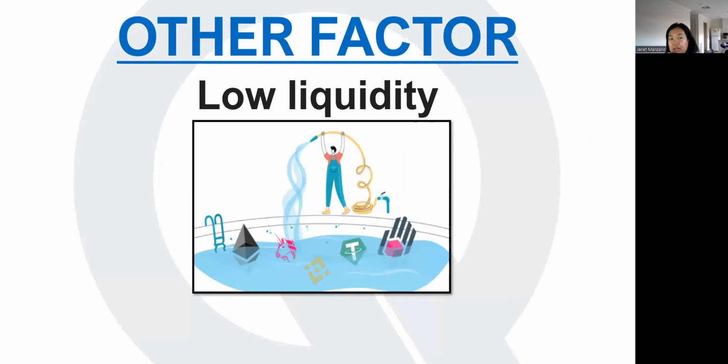So what are the other factors that affect slippage tolerance? This is about low liquidity. The best example, if you hadn't heard the AMA last night, someone asked about a big transfer of GMT they saw from the Solana network to the BSC chain.